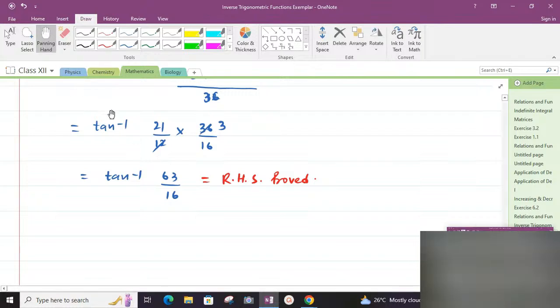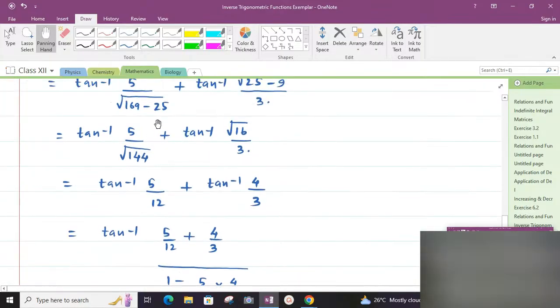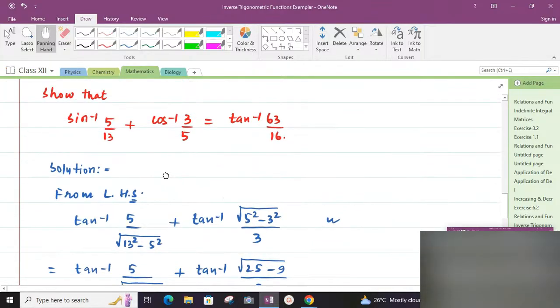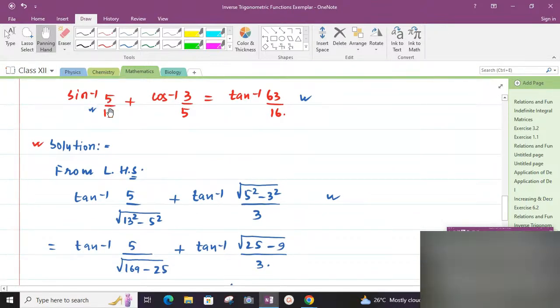Let's see once again. This is question number 15. In this question, we are asked to prove that sine inverse 5 by 13 plus cos inverse 3 by 5 equals tan inverse 63 by 16. So let's see the solution. We convert sin inverse 5 by 13 into tan inverse, and we have this.